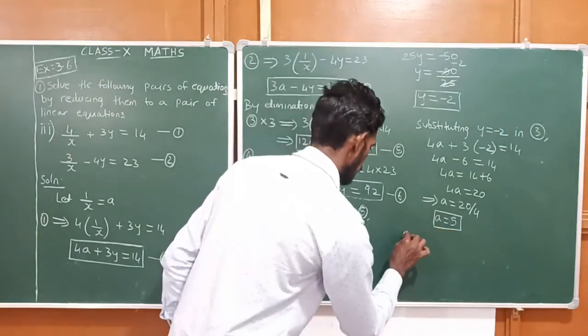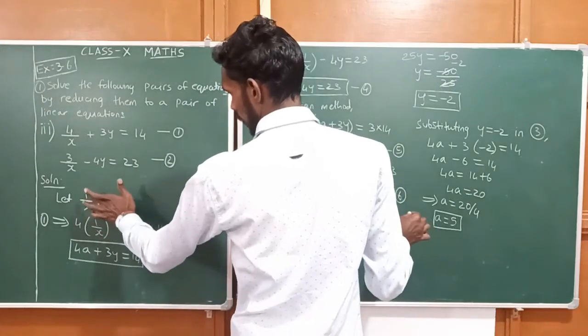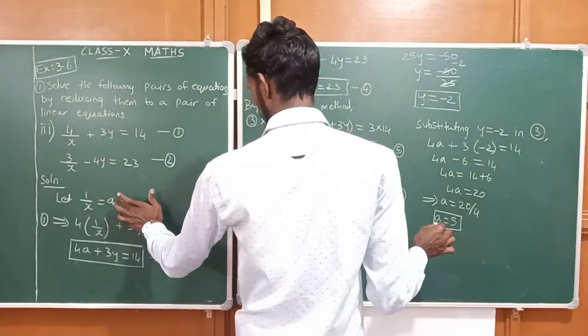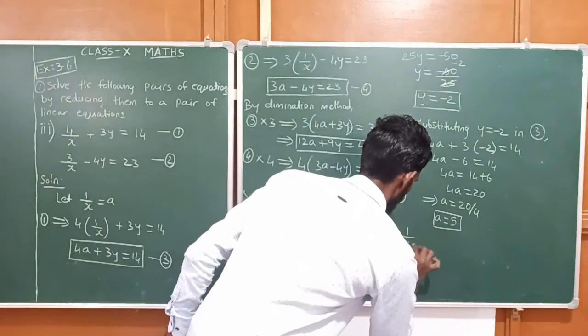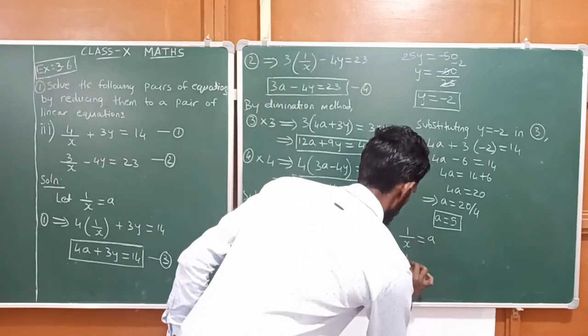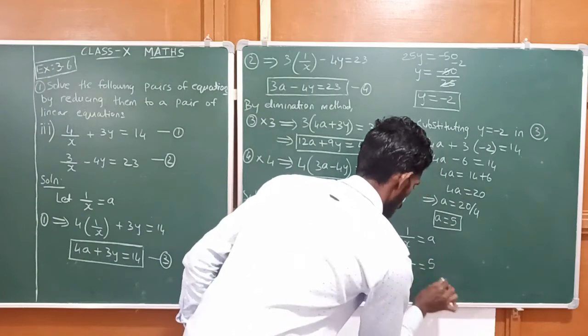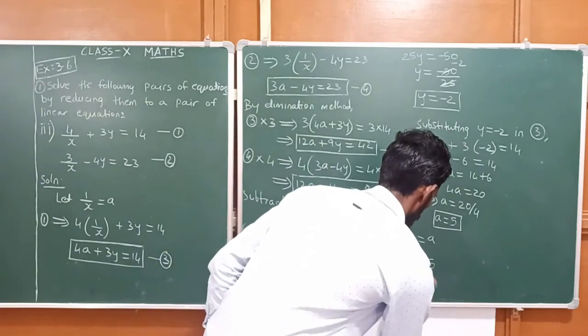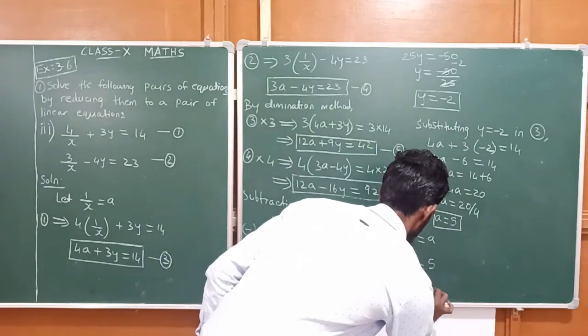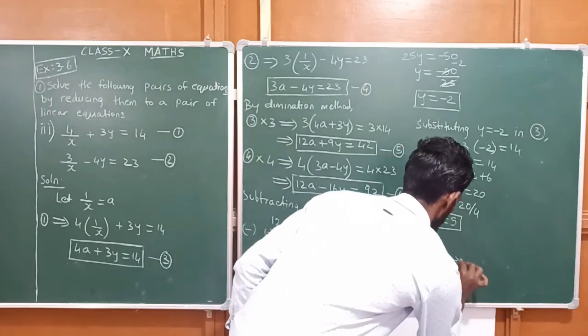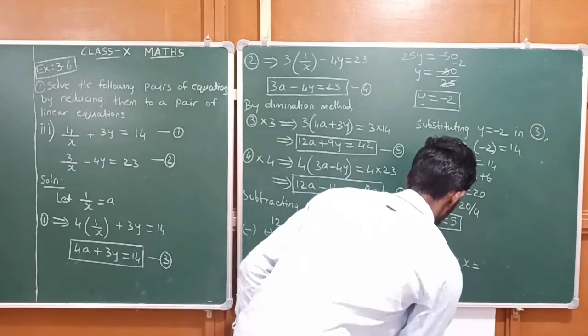From this value we are going to find the value of x. So 1 by x is represented as a. 1 by x is equal to a, which means 1 by x is equal to 5. On cross multiplying, 5x is equal to 1, which gives the value of x to be 1 by 5.